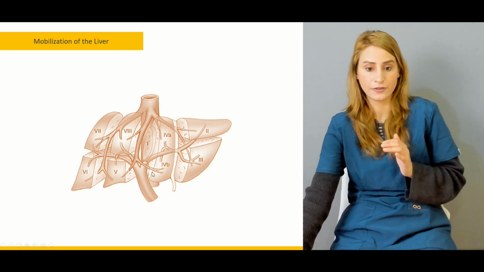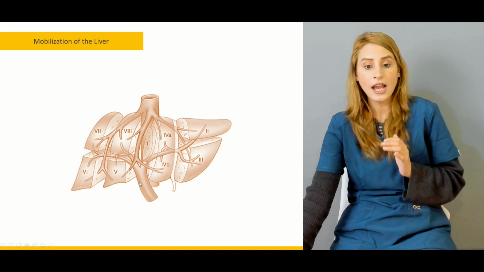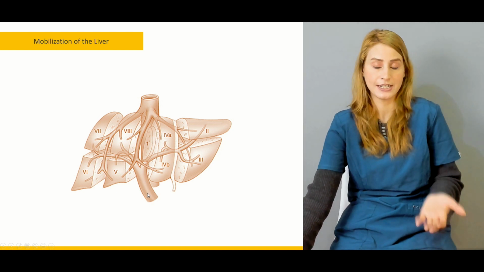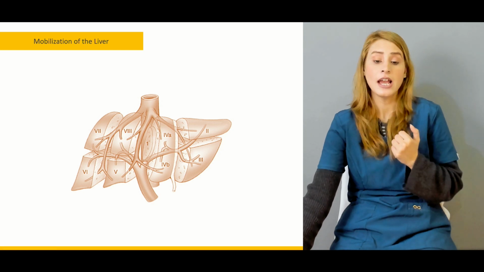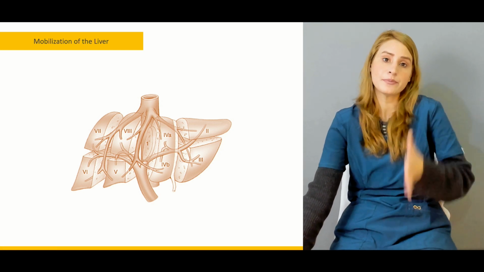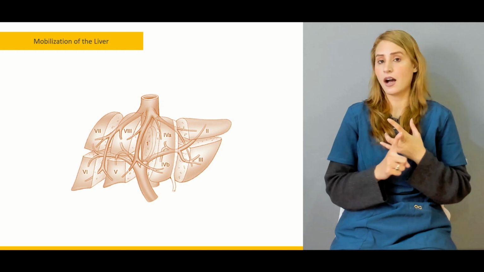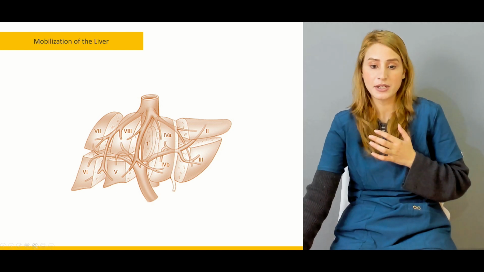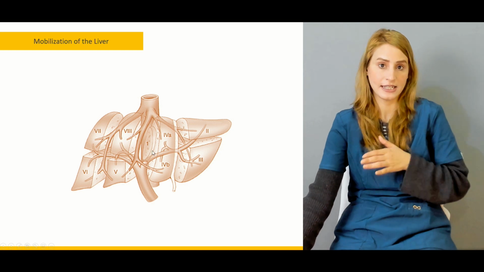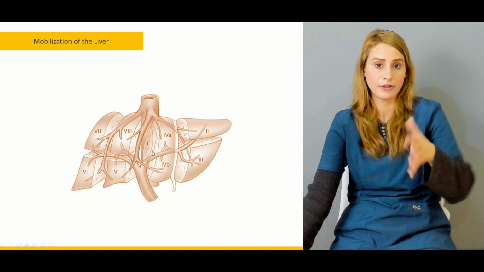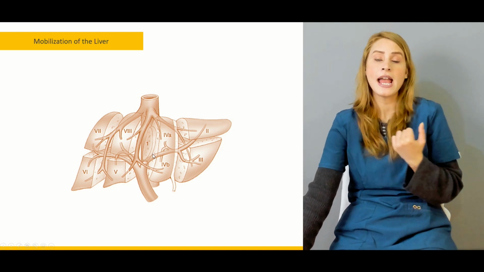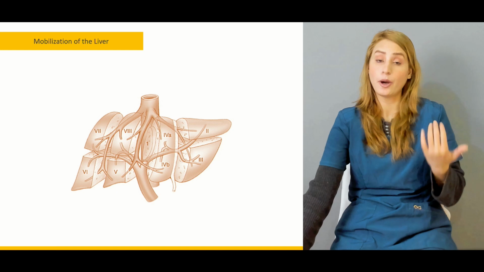Outside is the liver parenchyma, and these are the three important structures which enter the liver: the portal vein, the common bile duct, and the hepatic artery. The common hepatic artery divides into the right and left hepatic arteries after entering the hilum of the liver. And then you have the portal vein as well.